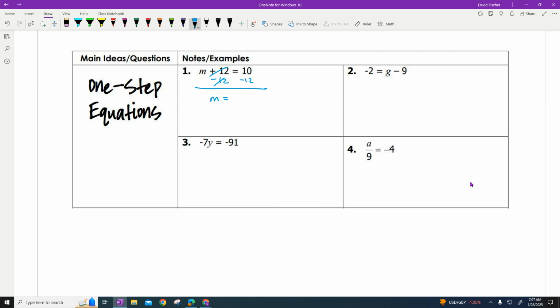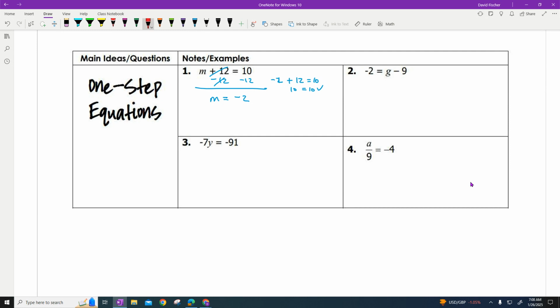I have more negatives than positives, so I know my answer has to be negative, and when the numbers have opposite signs, I subtract: negative 2. If you wanted to go back up there and check, which is kind of weird, but right now with one step it's okay: negative 2 plus 12 is 10, and so 10 equals 10. So I know negative 2 is the number that has to go in there to make this a true statement. There is only one number that can go in here, is what we're really trying to find out.